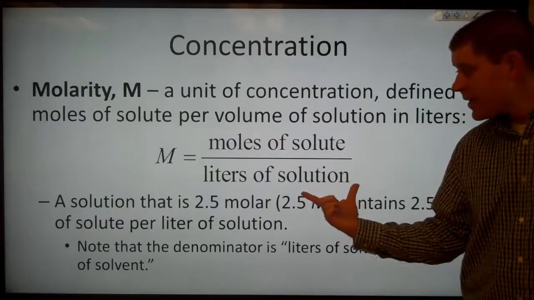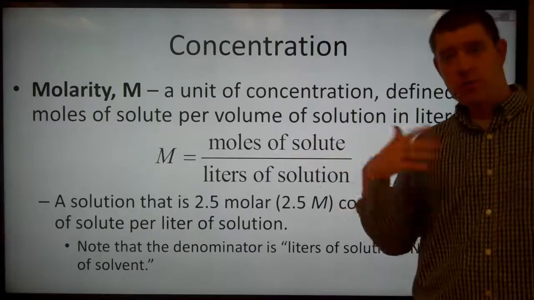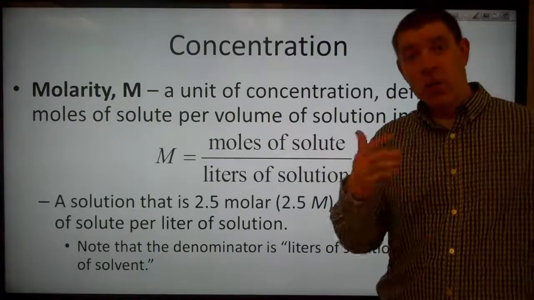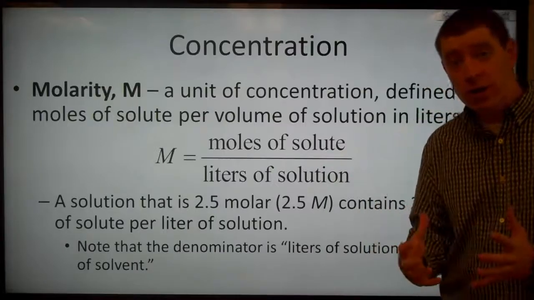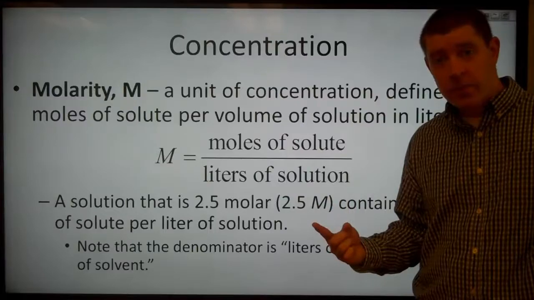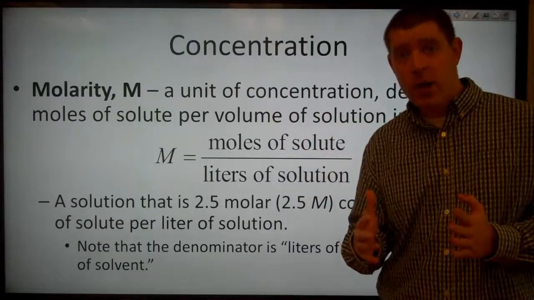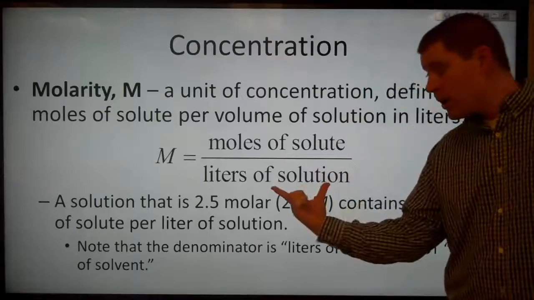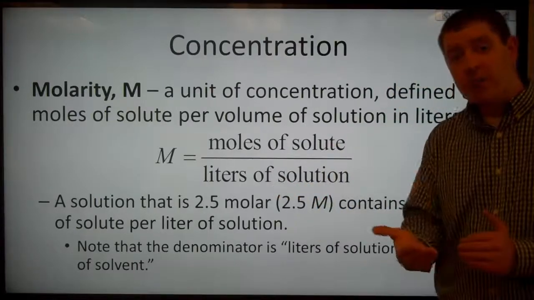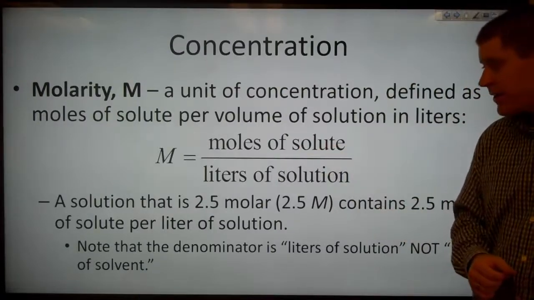So, if we take some number of moles of our solute, let's say sodium chloride, and we dissolve it in 1 liter of water, the solution is likely to have a larger volume than 1 liter, right? Because now we've added some sodium chloride to that 1 liter's worth of water. So we need to know the volume of the solution after we've dissolved our solute in the solvent.